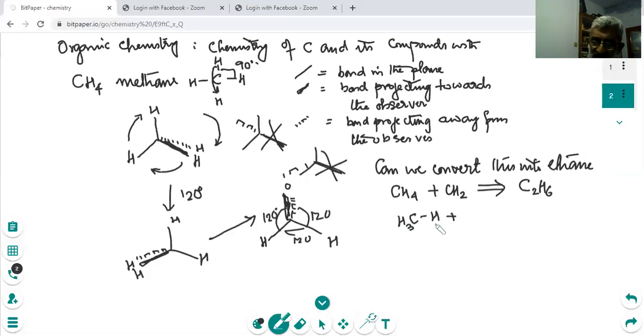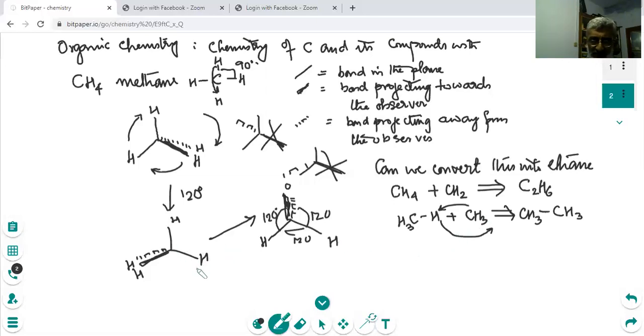And then I remove this hydrogen and put a CH3 over there. Substitute it. Put it here and take it out. What do you get? CH3, single bond, CH3. This is the ethane molecule, replacing the hydrogen with the CH3.